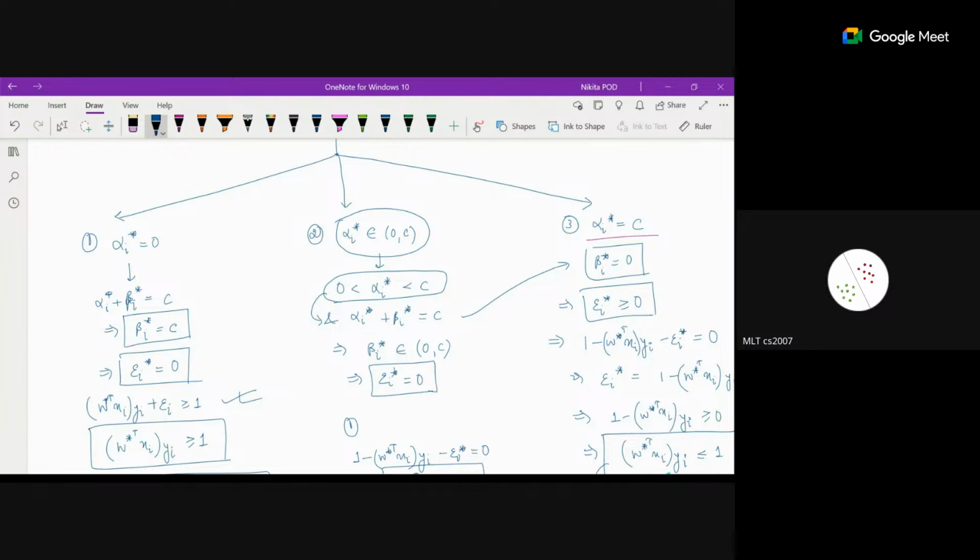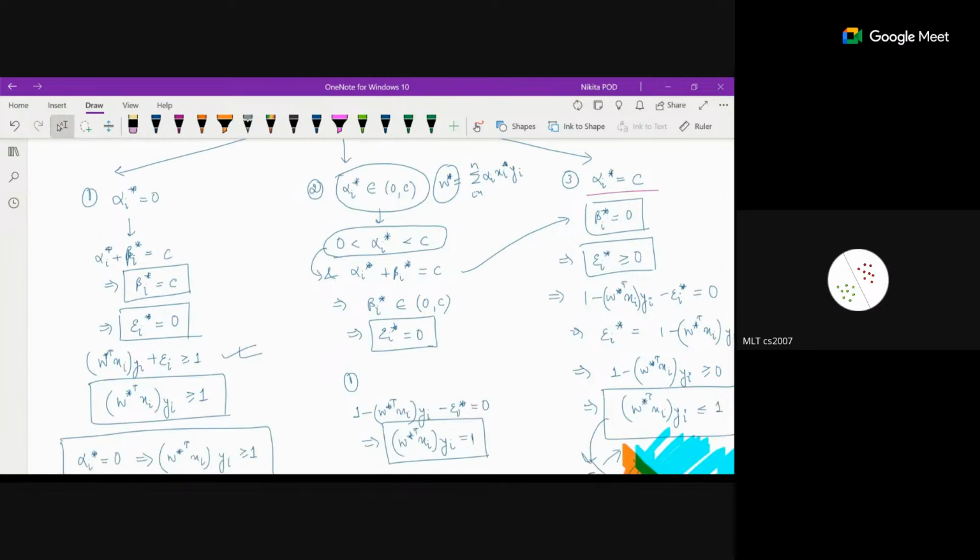If my alpha i's are strictly positive, then W star, which is nothing but a linear combination of xi yi, i varying from 1 to n, gets contributions from these data points. So these data points are important to us, because they will contribute towards my W star.